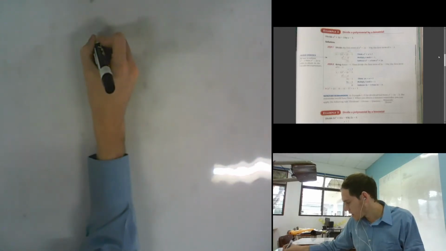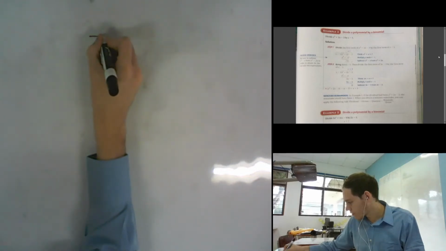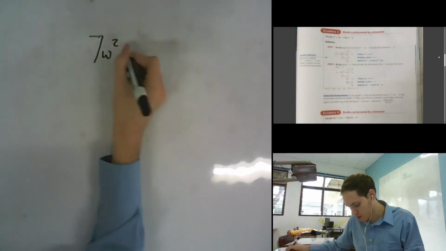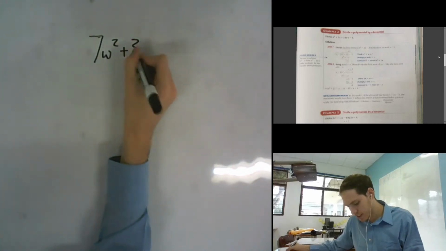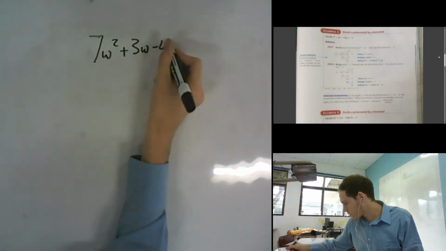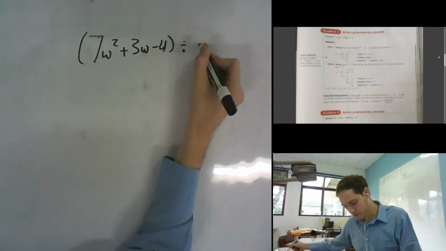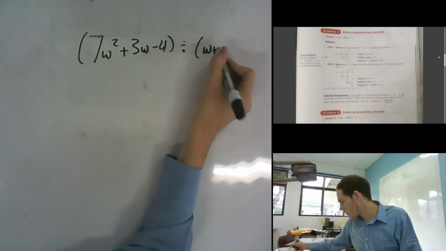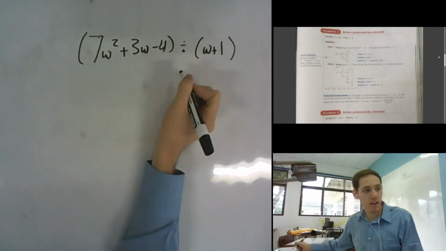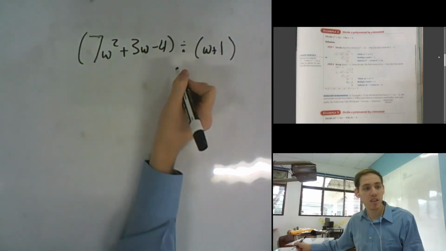That works. So 7w squared plus 3w minus 4. And this is all going to be divided by w plus 1.